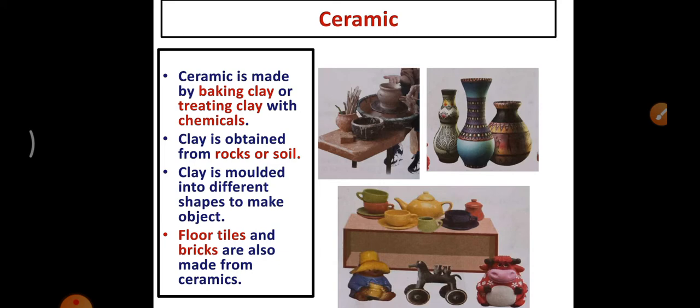From this sap liquid we get rubber. The next one, fabric. Fabric is divided into different types: woolen fabric, silk fabric, cotton fabric, terry cotton, terry wool and nylon. The next ones: glass, plastic, metal and ceramic.